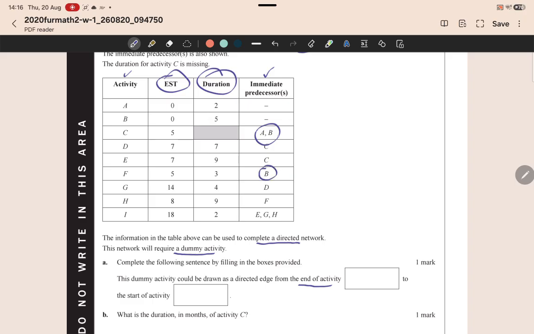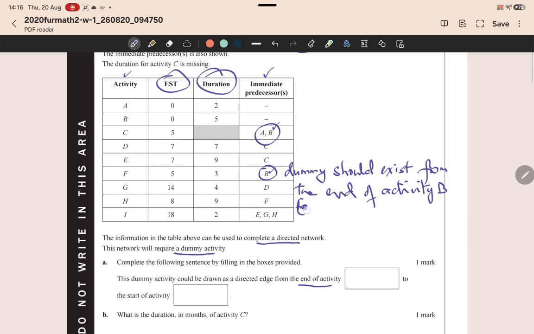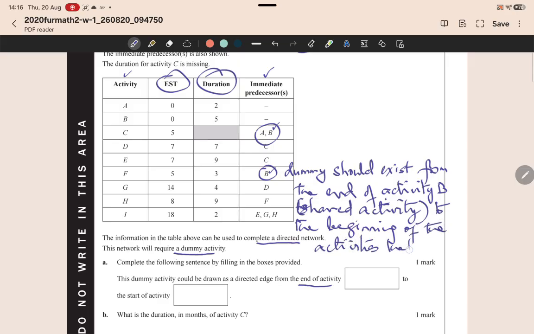And the rule for a dummy to exist, see the B is common, is that the dummy should exist from the end of activity B to, which is the shared activity, to the beginning of the activity that has multiple predecessors.